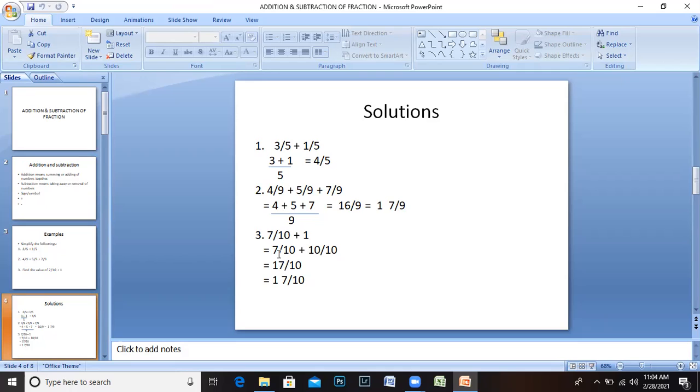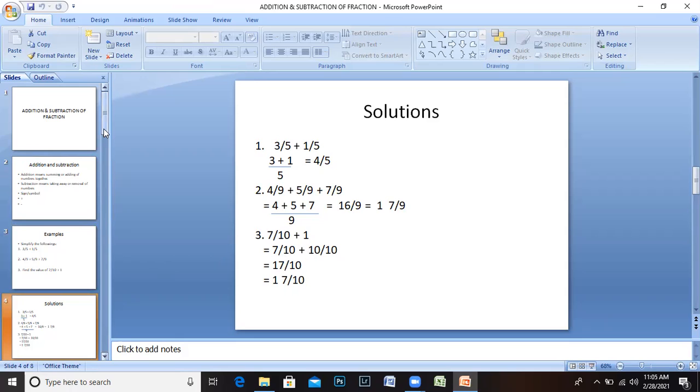So we now have 7 plus 10, which is 17 over 10. But because 17 over 10 is also an improper fraction, we say 1 whole number 7 over 10. That is it for that example.